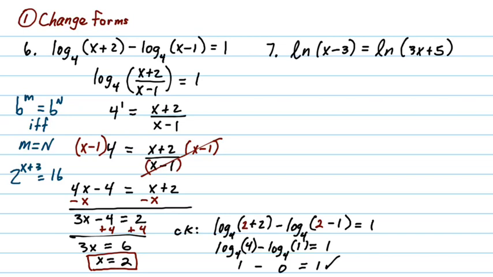Now we're going to do something different. Something similar to what we were doing previously with a problem like the one on the left here. So we would get equal bases here, right? And we could write 16 as 2 to the 4th power. Once we have equal bases, we can set our exponents equal. That's the only way these two powers of 2 could possibly be equal. And so when we do that, we get x plus 3 equals 4, so x is 1.